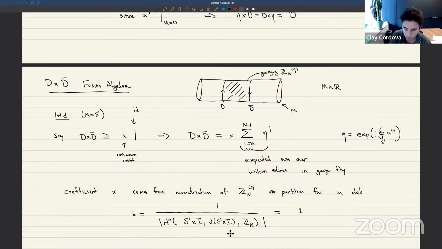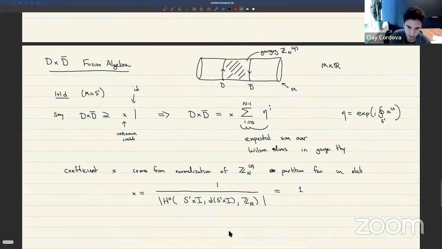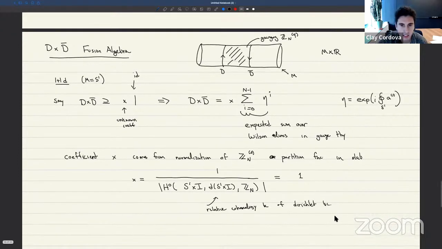So this is relative cohomology because of Dirichlet boundary conditions. Okay, so this kind of fusion out.